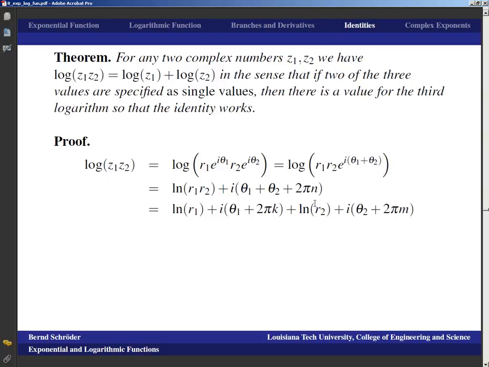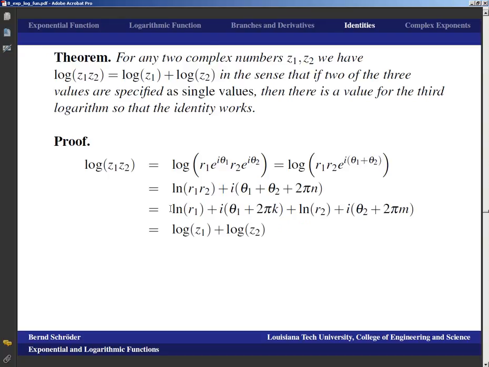And we can puzzle that apart, right? ln of r1 r2 is ln of r1 plus ln of r2. And 2 pi n is the same as 2 pi k plus 2 pi m as long as k plus m is equal to n. And since n is an arbitrary number, then we just have arbitrary numbers that have the right addition property here. So this becomes i (theta 1 plus 2 pi k) plus i (theta 2 plus 2 pi m).